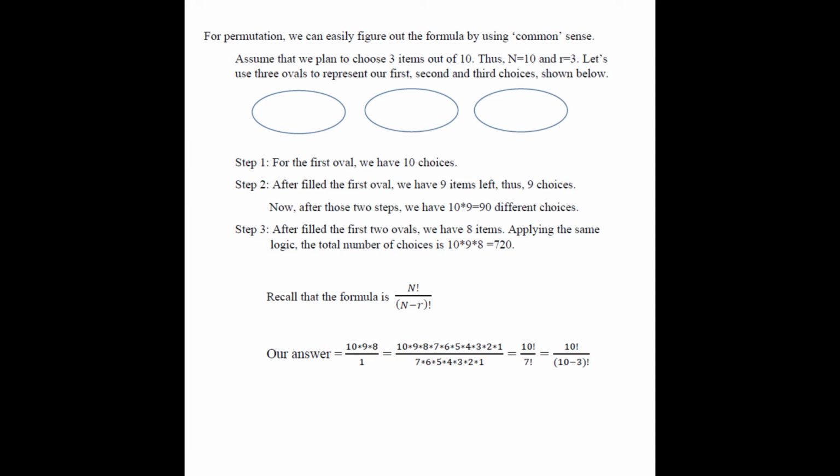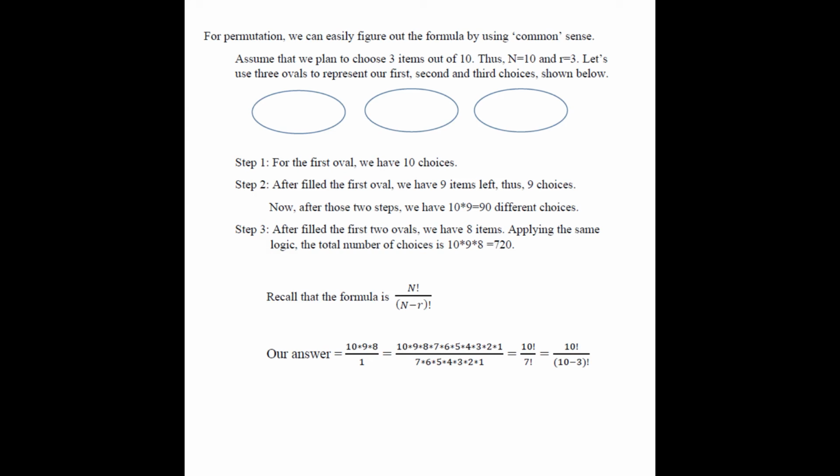Step 1, for the first choice, we have 10 possible items, so it's 10. After we fill the first oval, we have 9 items left. Thus, for the second stage, we have 9 choices.